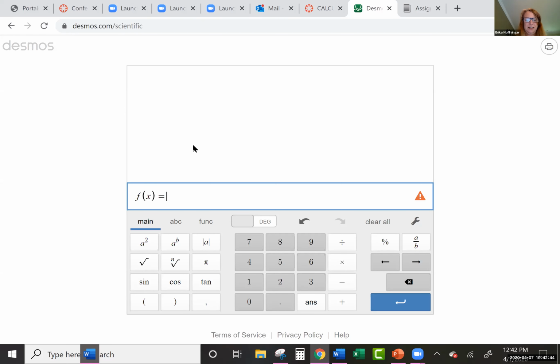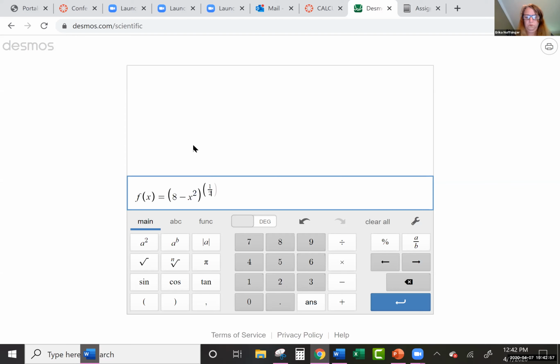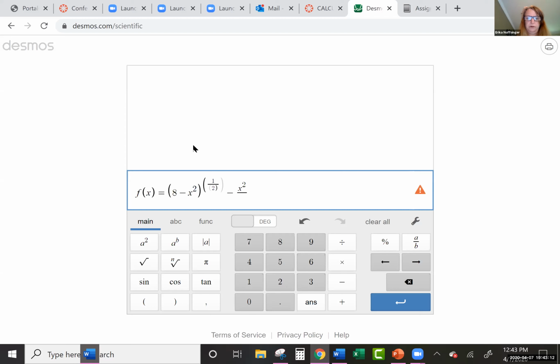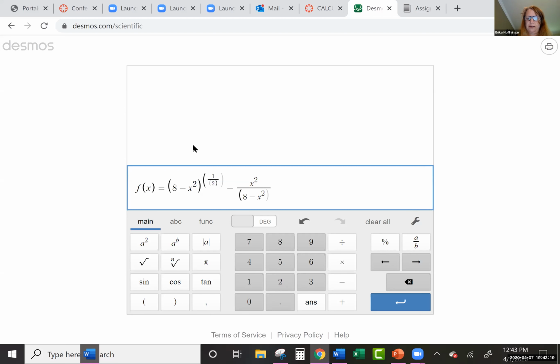Okay, what do we have? We had the square root of 8 minus x squared, minus x squared, all divided by the square root of 8 minus x squared, all raised to the 1/2.